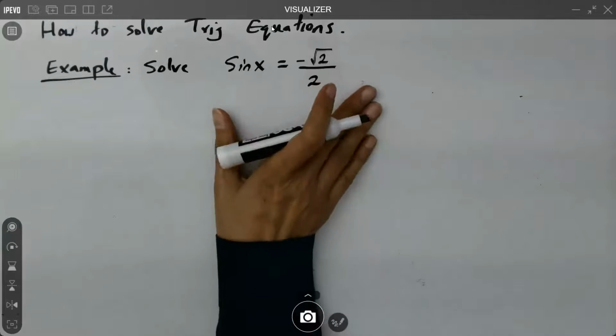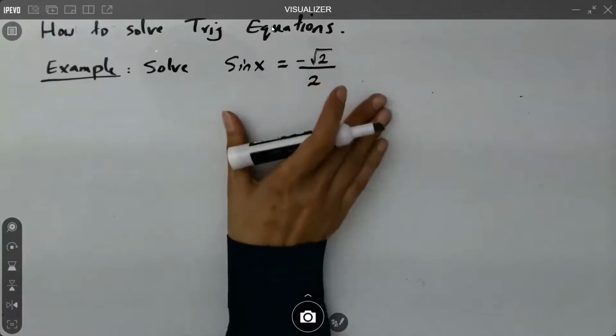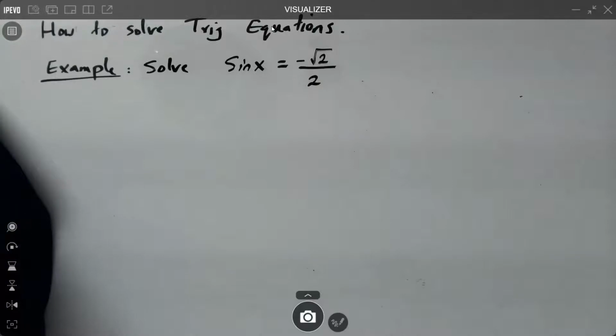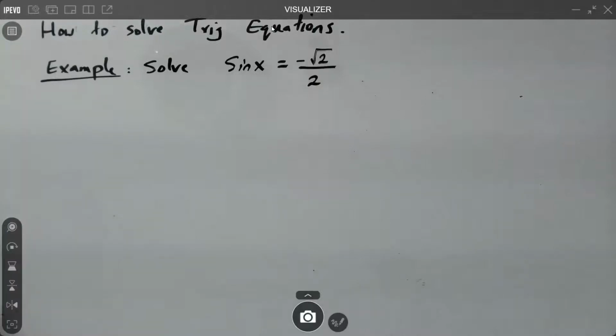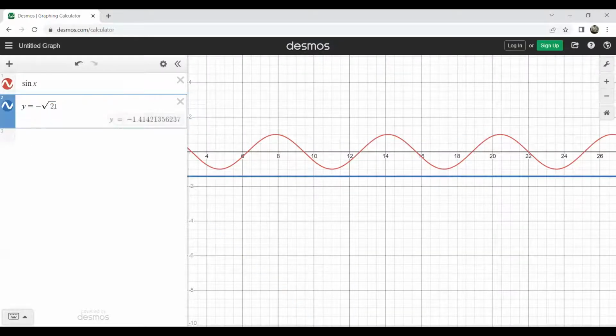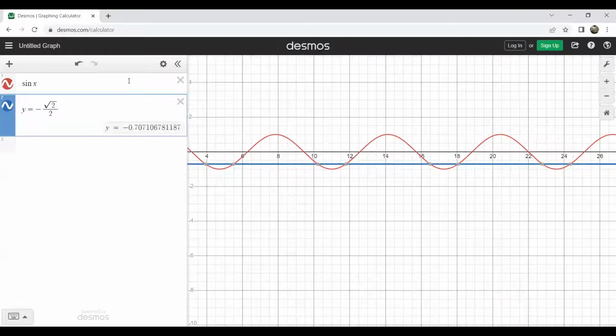The very first step is to graph this. What's the graph like? Okay, let's go back to our Desmos. Here now you have negative square root of 2, and then I'm going to divide that by 2. Okay, guys, take a look at it.